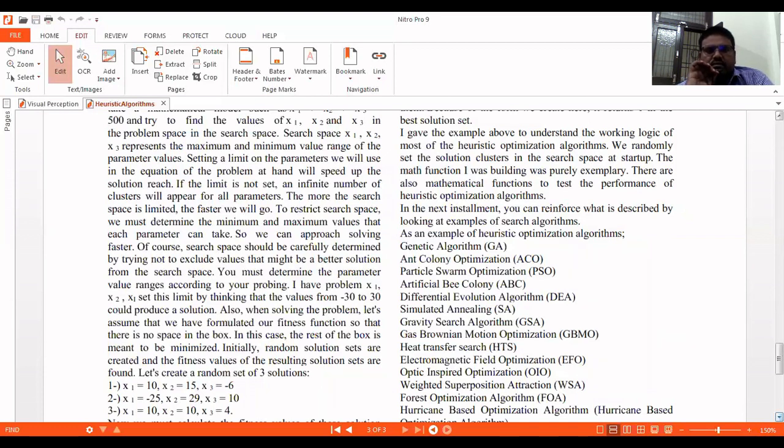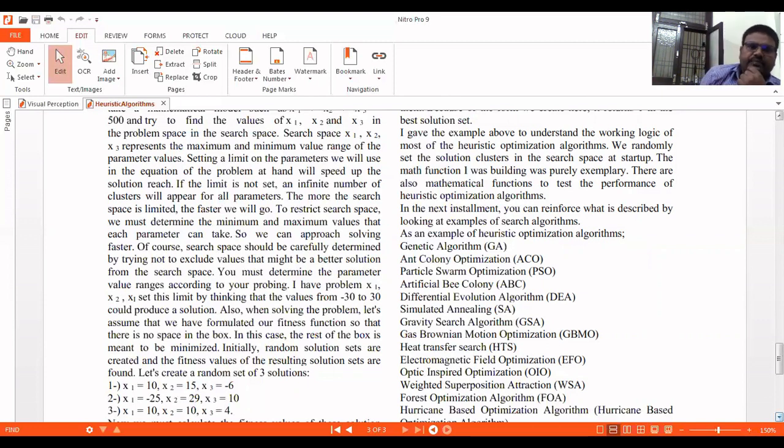Also, let's assume we have formulated our fitness function so that the empty space left in the box is minimized. Initially, random solution sets are created.